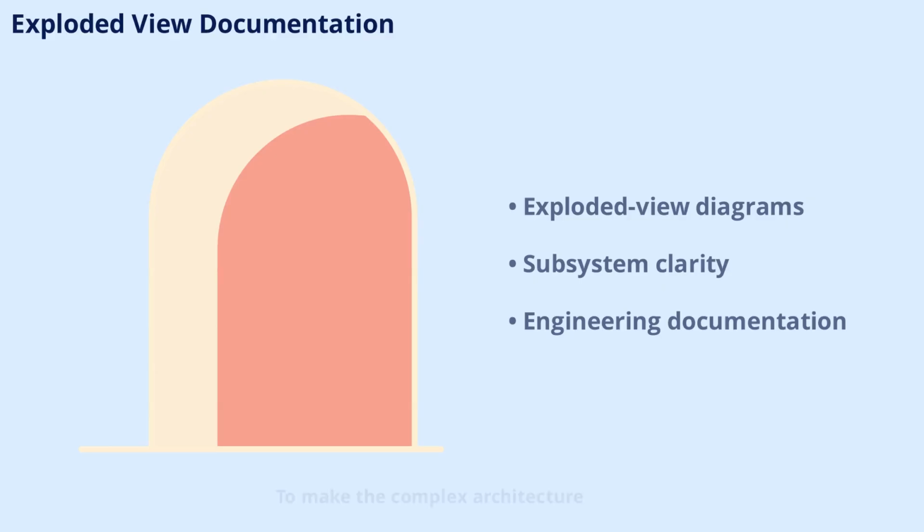To make the complex architecture understandable, exploded view diagrams are used. These visuals separate each subsystem, shell, propulsion, energy, sensors, and control, while showing how they fit together in the complete craft. This documentation approach makes it easier for engineers and researchers to grasp the full system logic.